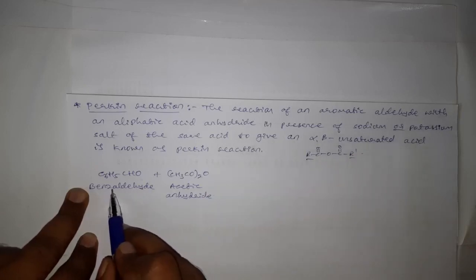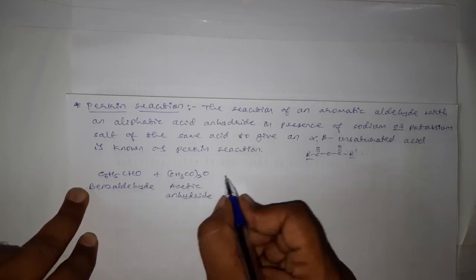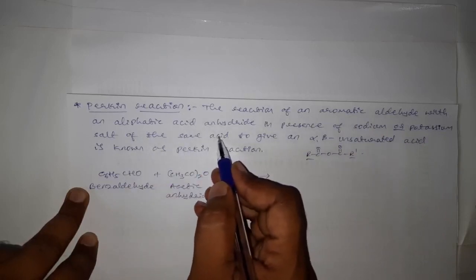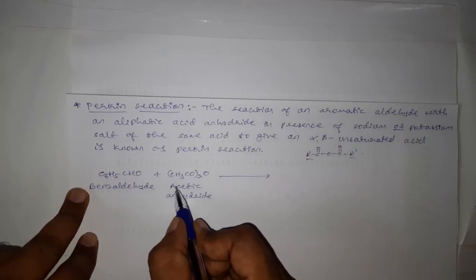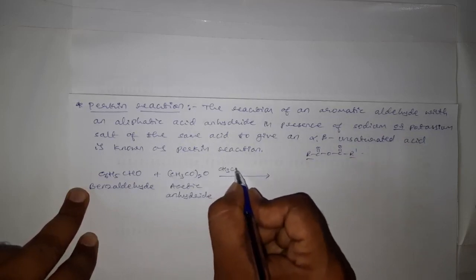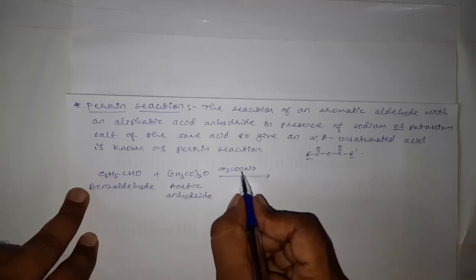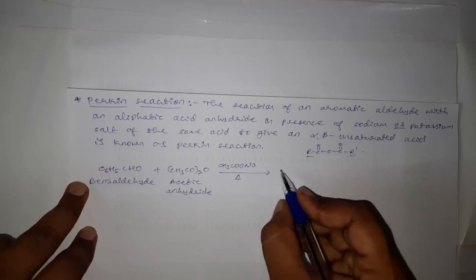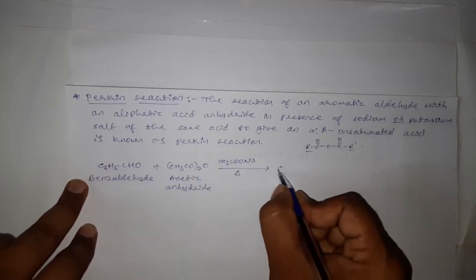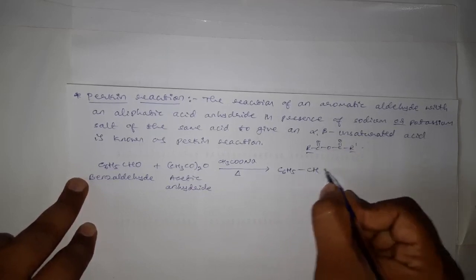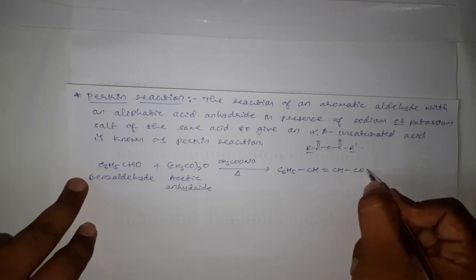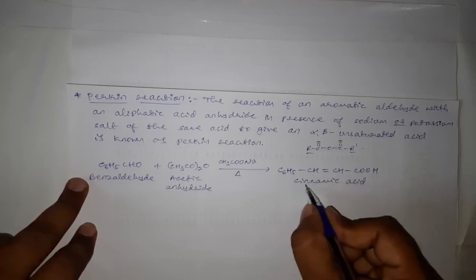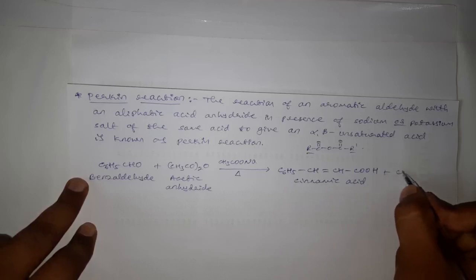When an aromatic aldehyde is treated with an aliphatic acid anhydride in presence of sodium or potassium salt of the same acid, same acid means what acid anhydride we are using, that alkyl group, like CH3COONa, sodium acetate, then when it is heated, we will get an alpha beta unsaturated acid, C6H5CH=CHCOOH, cinnamic acid, along with the formation of acetic acid.